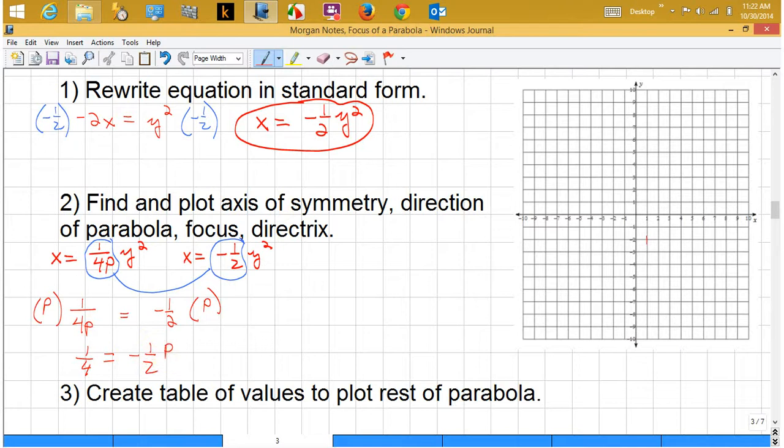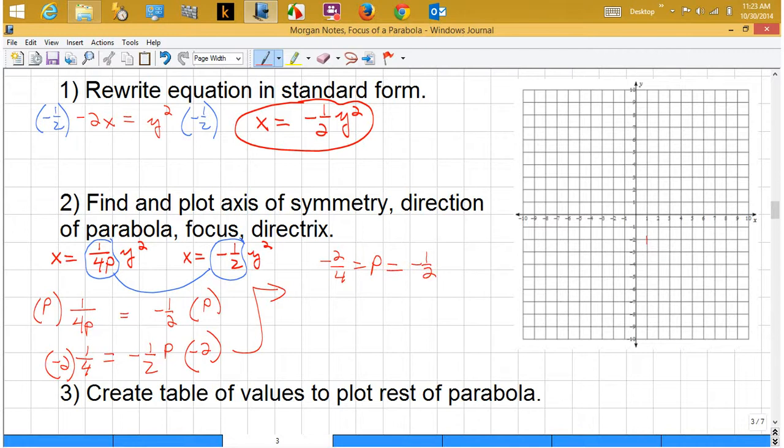Now, to get rid of the negative 1/2, because I want to find out what p is equal to, I'm going to multiply both sides by the reciprocal of negative 1/2. That would be times negative 2. So I'm going to have negative 2 times 1/4. That is negative 2/4 is equal to p. So that would actually be equal to negative 1/2. So I found my value of p.